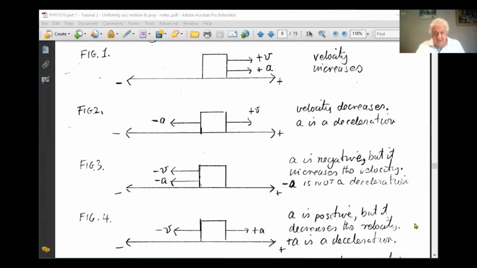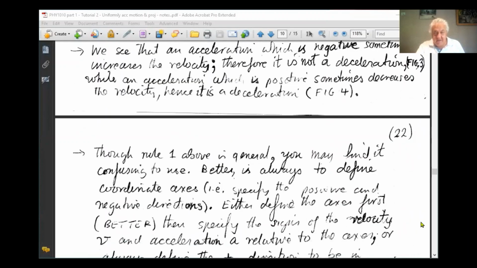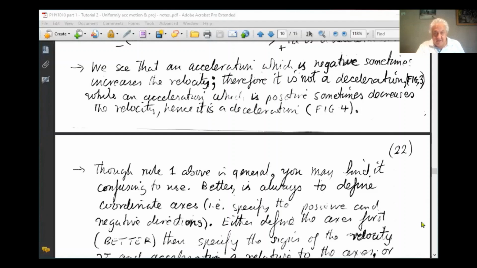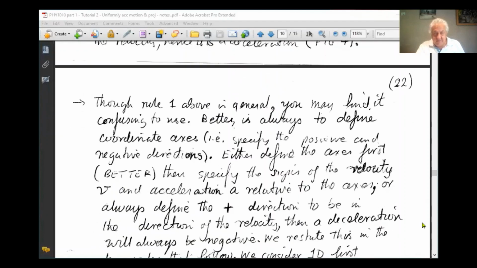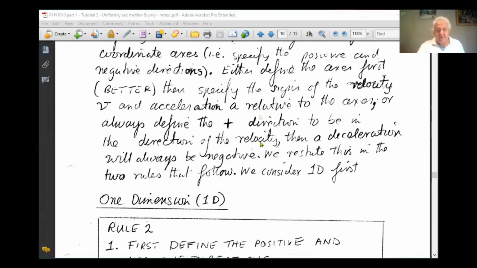So let's look at these figures, and then the final statements. I'll leave this on the screen so you can see them later, and then I'll come to the rules. So let me go to the whiteboard and explain all of this to you.